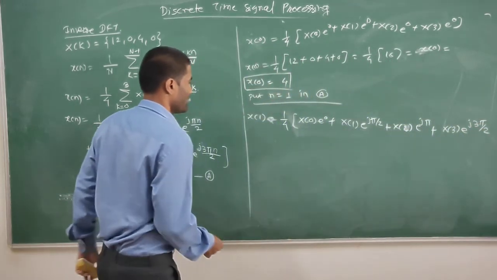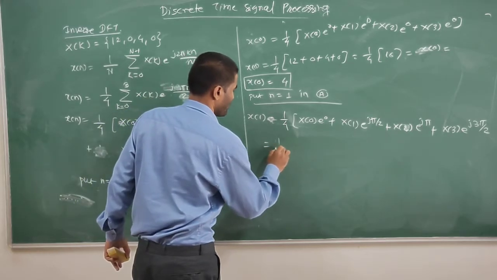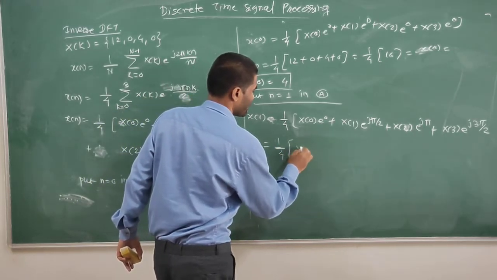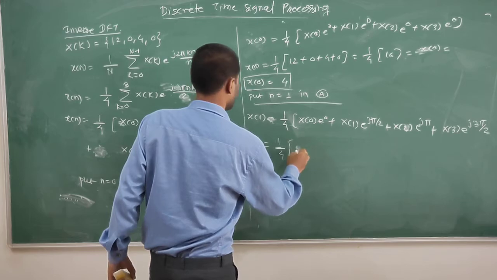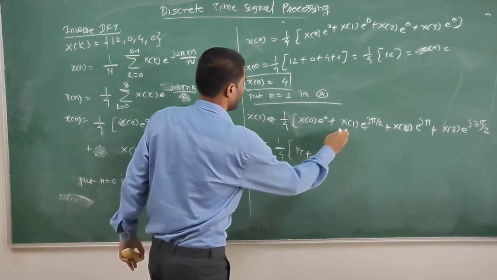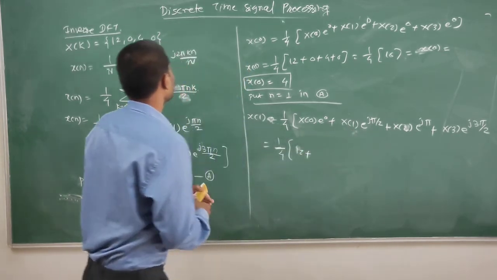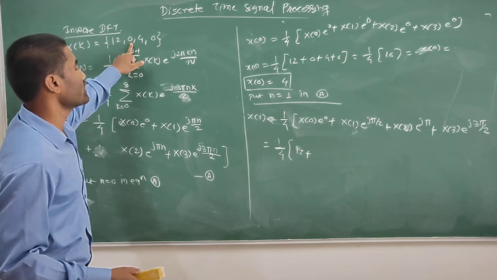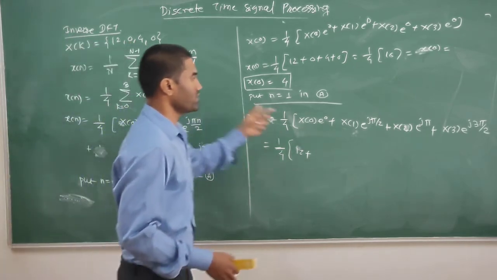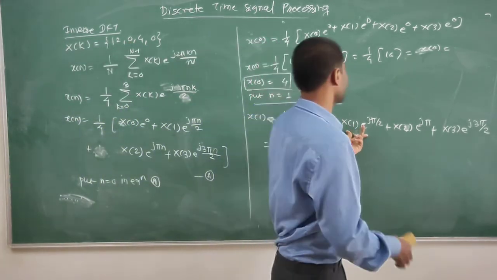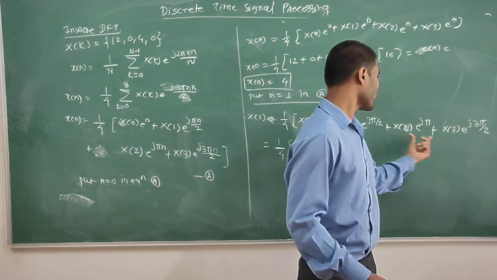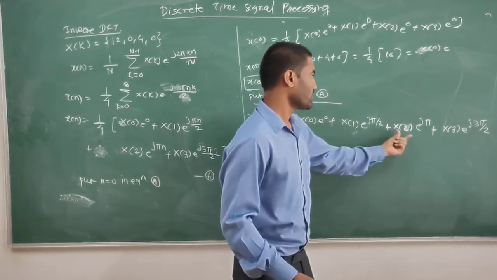Okay, we are putting the values. So 1 by 4, x of 0 is how much? 12 plus x of 1 is how much? X of 1 is 0. So this term will vanish always and this term will vanish always. So we have to consider only the first and third one.